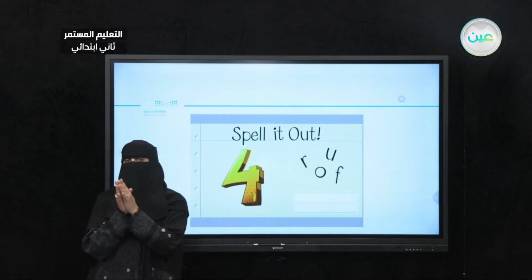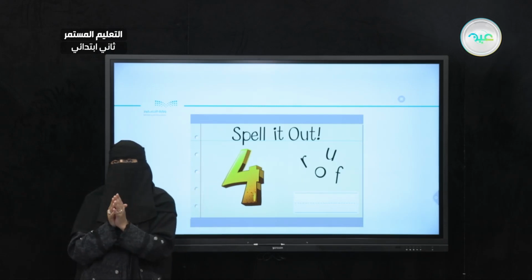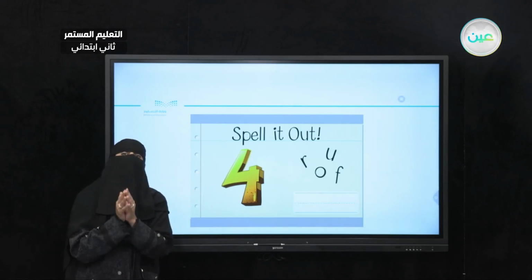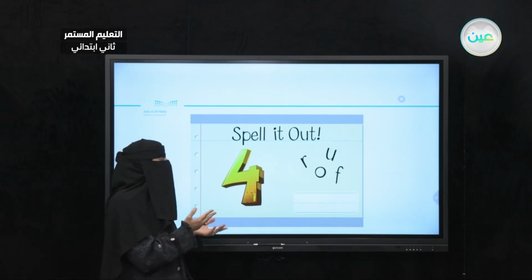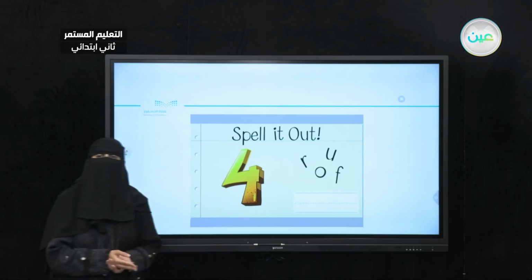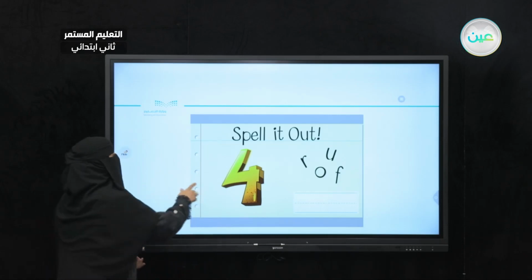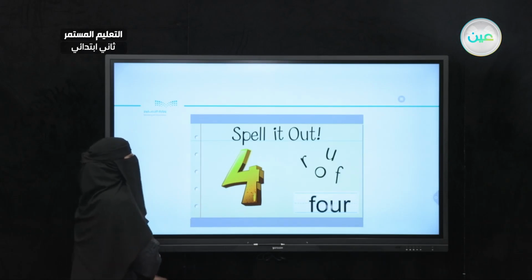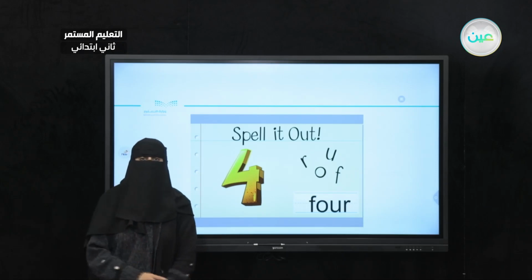So I need you to look at the picture and try to remember, what is this, my dear student? And spell the correct letters for me. So I have F, R, O, and U. So what do you think is the word here? Very good. The word is four.